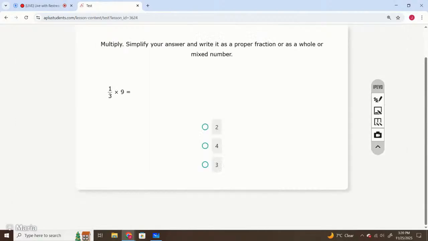Okay, multiply. Simplify your answer and write it as a proper fraction or as a whole or mixed number. So 1 by 3 times 9.